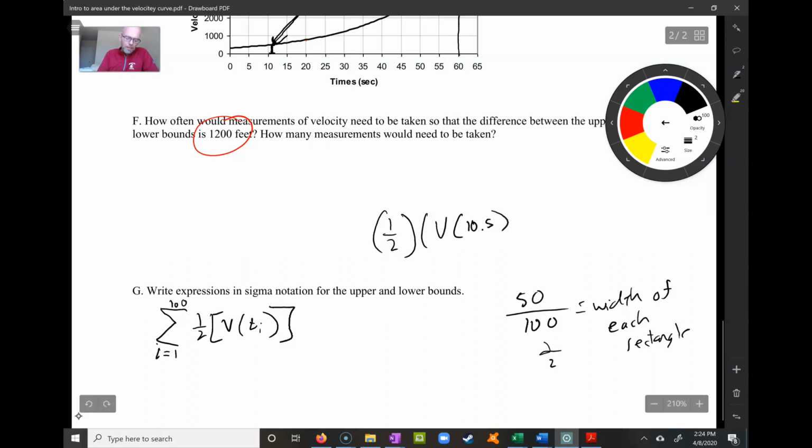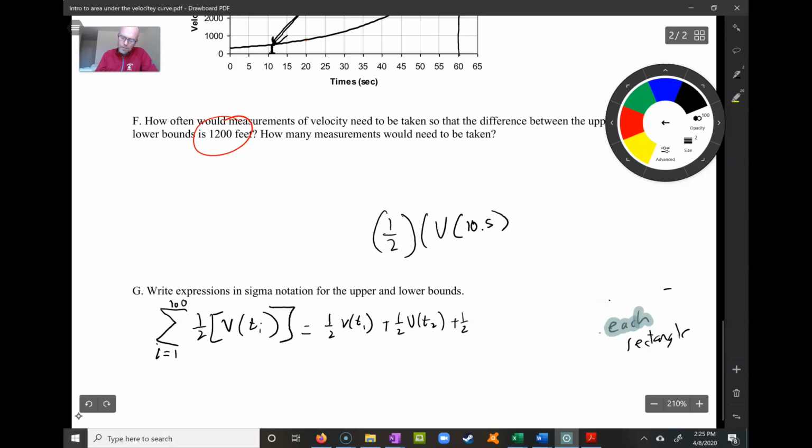So this is going to look like 1/2 times velocity at t sub 1 plus 1/2 times velocity at t sub 2 plus 1/2 times velocity at t sub 3.